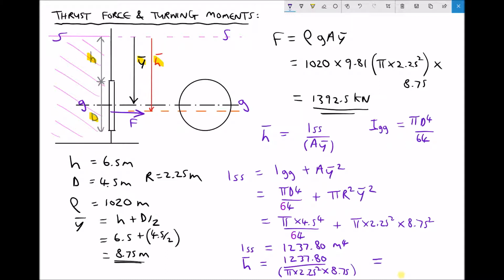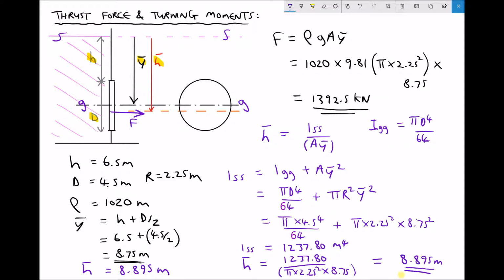Running that all through the calculator gives us an h bar value equal to 8.895 metres. So over on the left-hand side we have h bar equals 8.895 metres. And as we mentioned previously, the value of h bar will always be slightly greater than the value of y bar, so we've confirmed that through calculation.